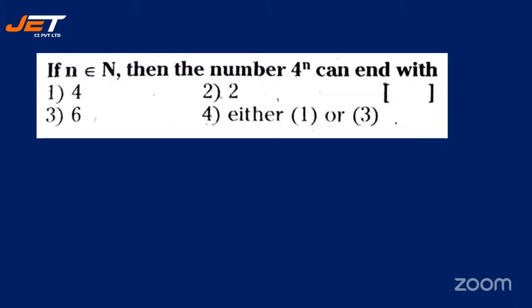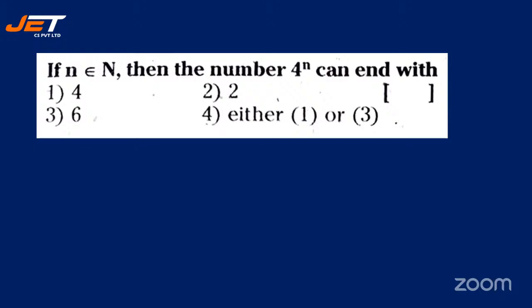If n is an element of N, then the number 4 power n can end with dash. It can end with 4, or it can end with 2, or it can end with 6, either 1 or 3.